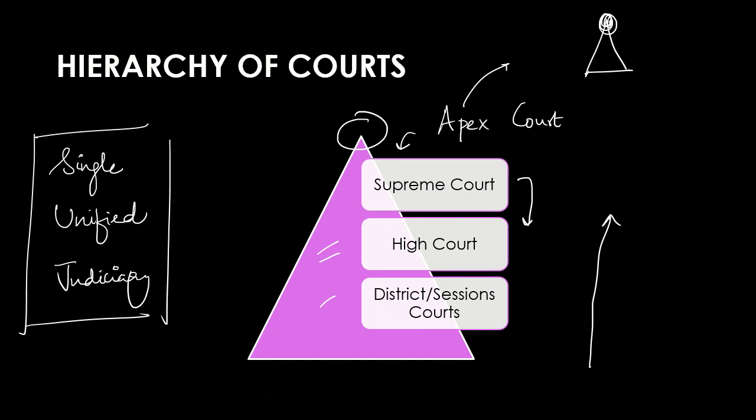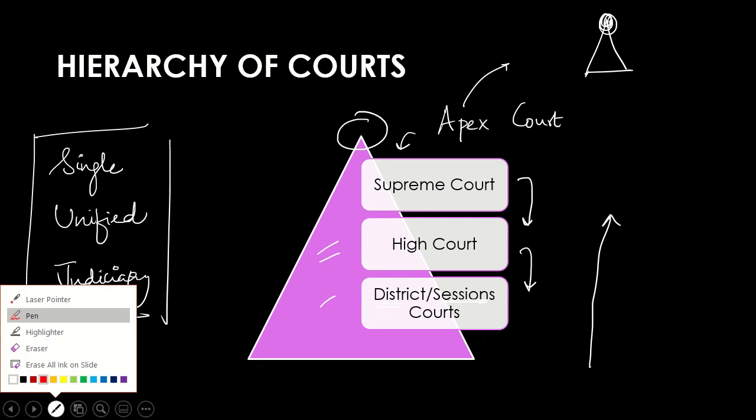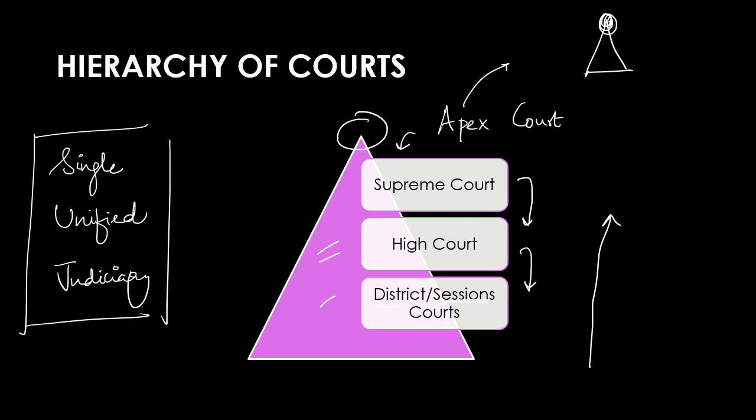Below the Supreme Court, you have the High Court. And below the High Court, well, I have not given you a detailed list of what you have below the High Court, but you can kind of say that it is the District and the Sessions Court. You can Google these. I'll give you a little detail. Don't bother about it. If you don't get it, just let it be. It's not required for you. The District Court deals with civil matters, and the Sessions Court deals with criminal matters.